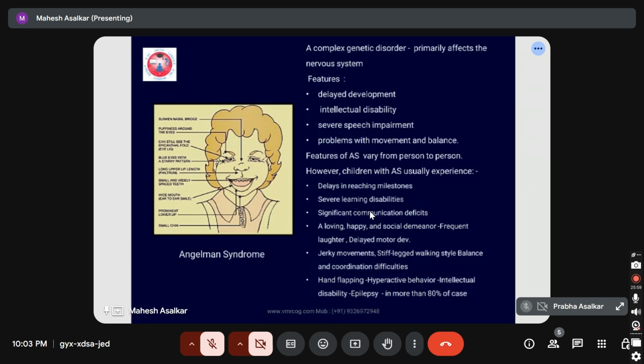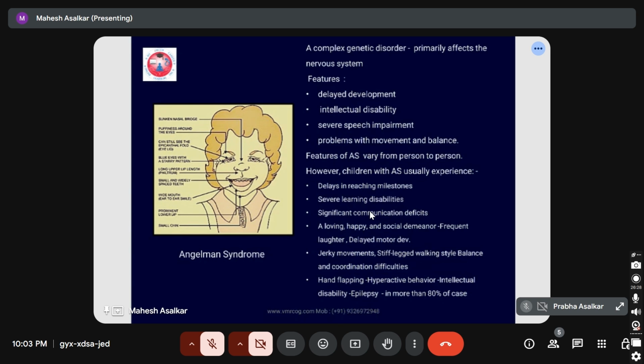However, children with Angelman syndrome usually experience delays in reaching milestones, severe learning disabilities, significant communication deficits, a loving, happy, and social demeanor, frequent laughter, delayed motor development. There will be jerky movements, stiff-legged walking style, balance and coordination difficulties, hand flapping, hyperactive behavior, intellectual disability. Epilepsy is seen in more than 80% of cases. So these are the typical features.